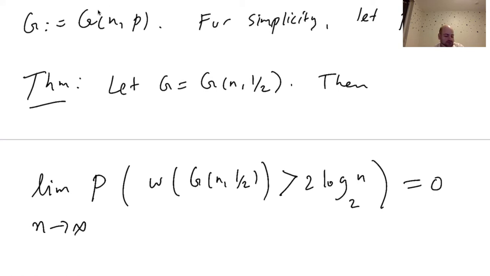So first we want to show that asymptotically almost surely, the clique number of G(n, p) cannot be bigger than 2 log n.